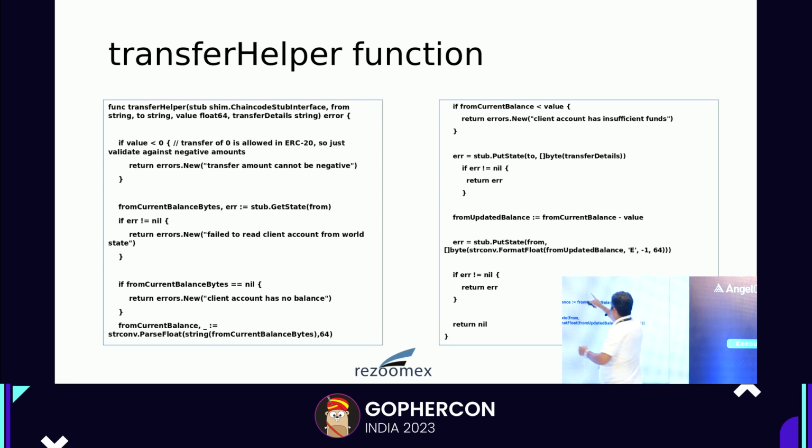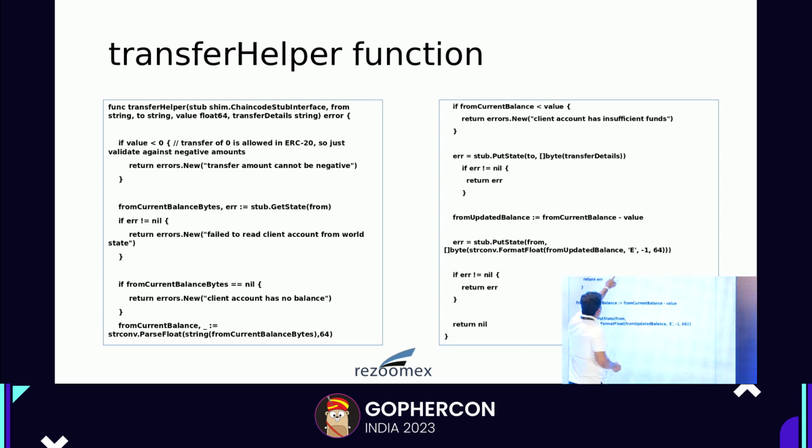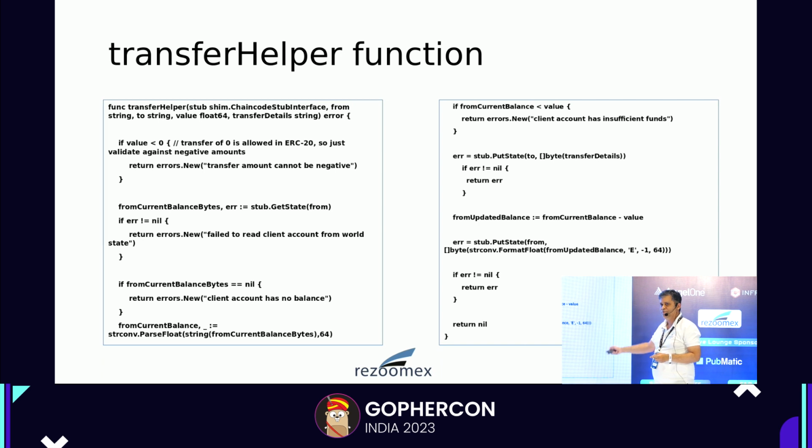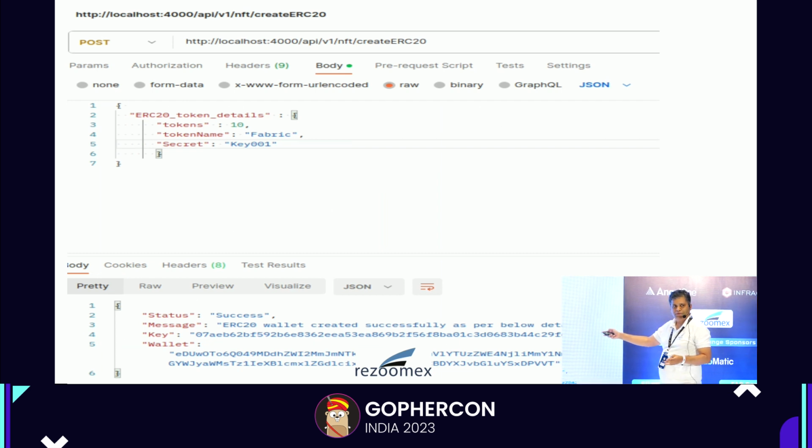Here there is a put state, where you are again changing the state of the database by committing this new data to the blockchain, where you have transferred coins from wallet A to wallet B. Okay.